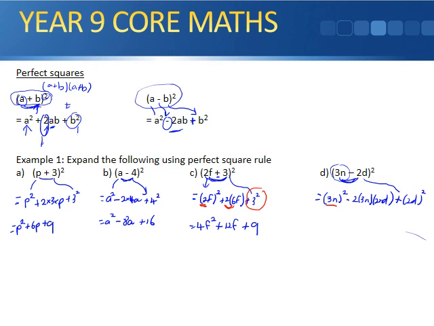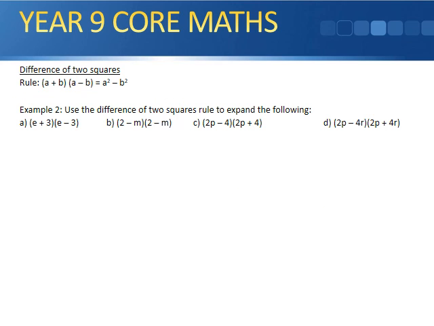So 3n all squared, 3 squared is 9n squared. Looking at the numbers, 2 times 3 times 2, 2 3s are 6, 6 times 2 is 12, so minus 12, and there's the letter d and the letter n. And then this one here, 2 squared is 4, so 4, and then I've got the d squared. So we'll leave that like that.